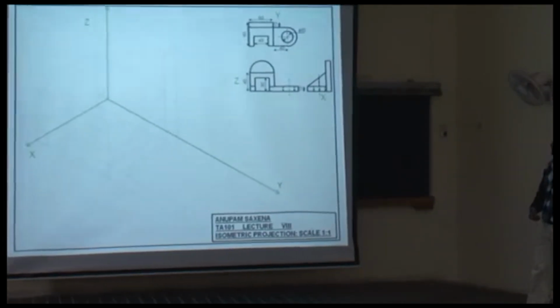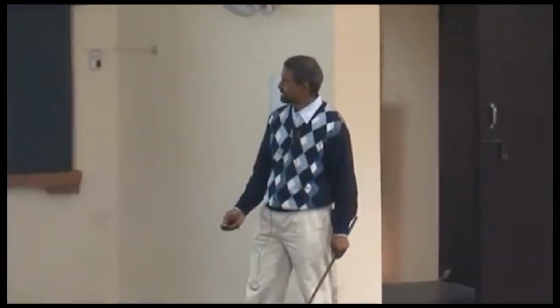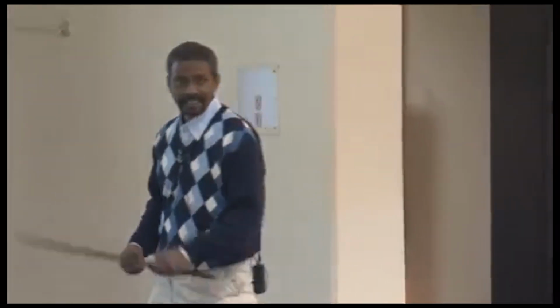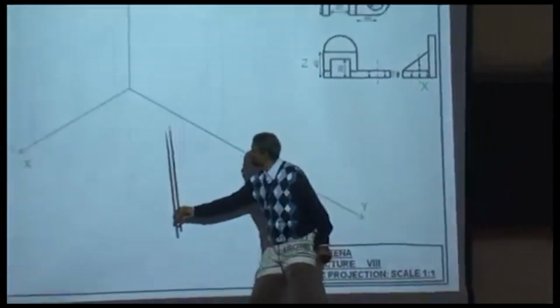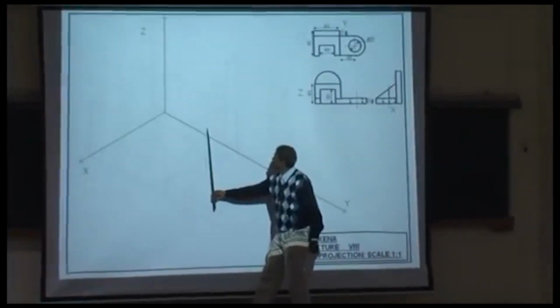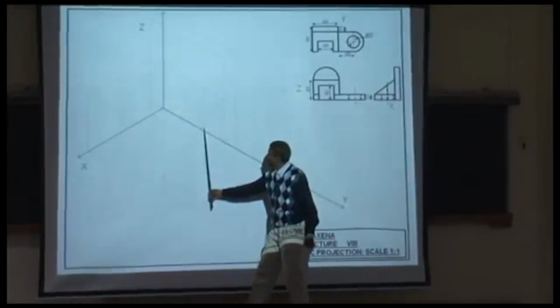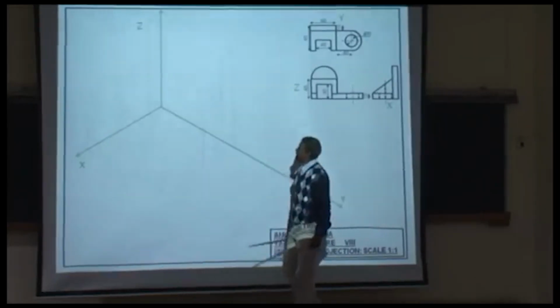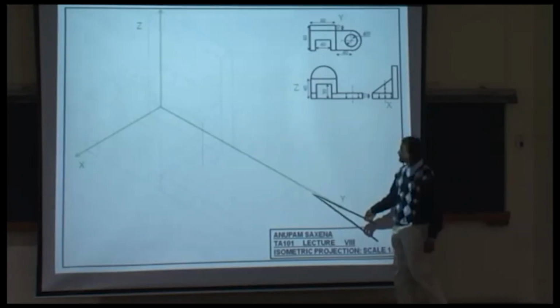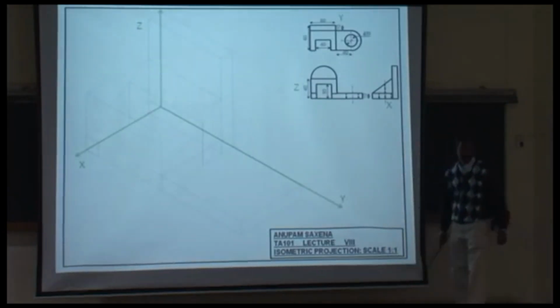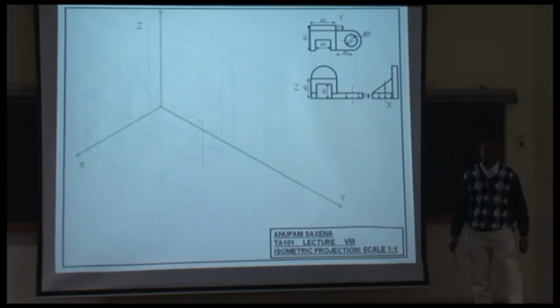Anyhow, so this is the critical aspect of the drawing. Identify this height as 30. Okay, go from here parallel to this, identify this height. Get this point and get this point. Likewise, go parallel to the y-axis, identify that vertical line, get that face.